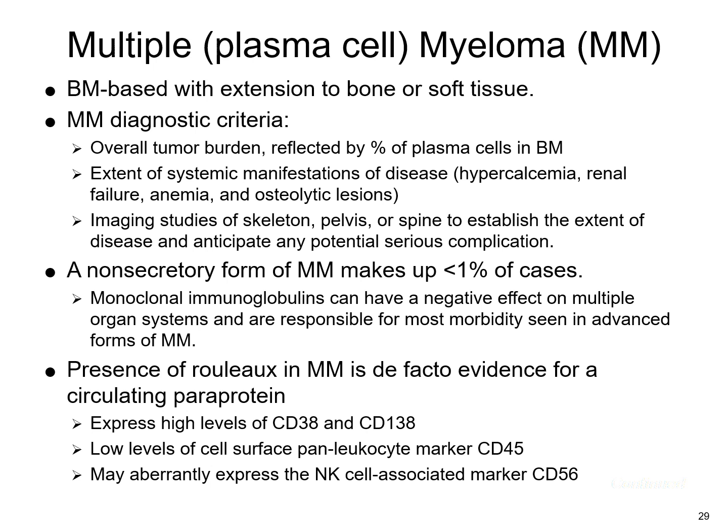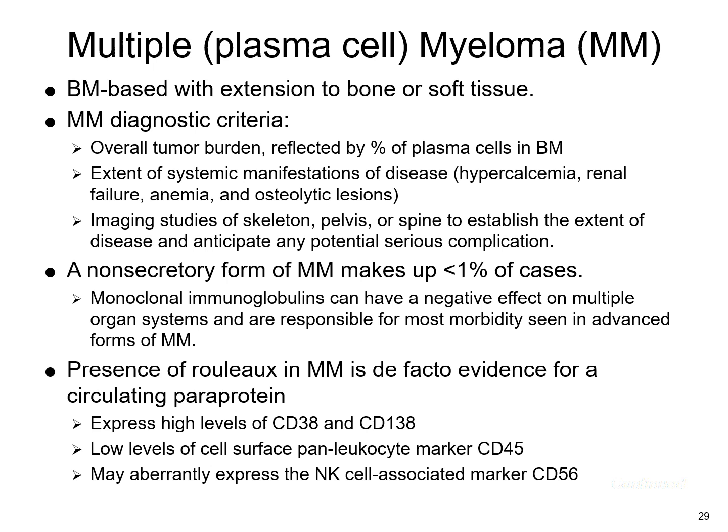Now, plasma cells do have the ability to secrete monoclonal immunoglobulins, whether they're whole or just a partial of that immunoglobulin, and it is an essential characteristic of the plasma cell neoplasms. However, there is a non-secretory form of multiple myeloma, and it makes up less than 1% of these cases.